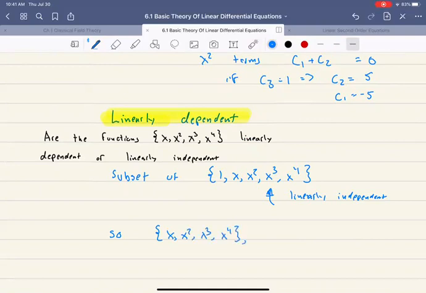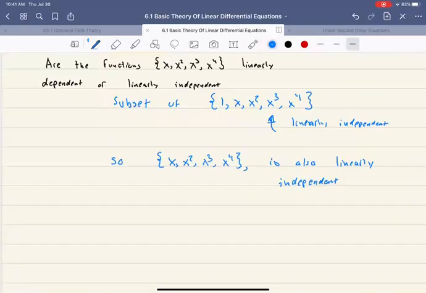So x squared, x cubed, x to the fourth is also linearly independent. I'm using a property of linear independence that I'm introducing now.